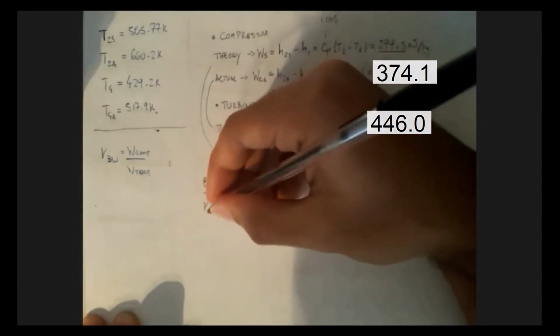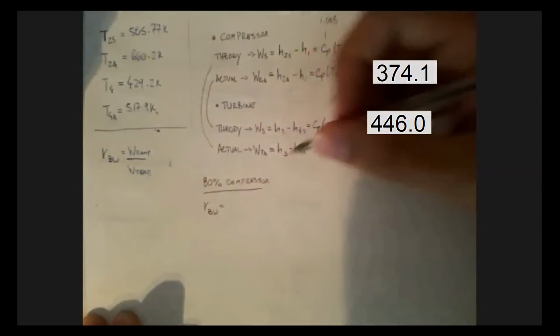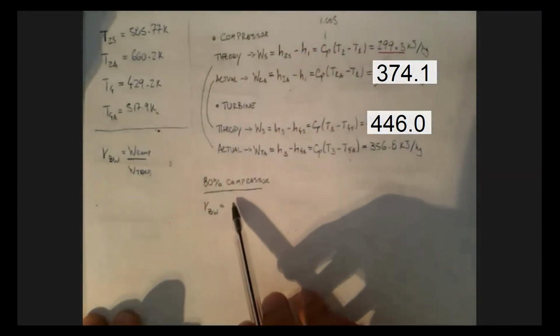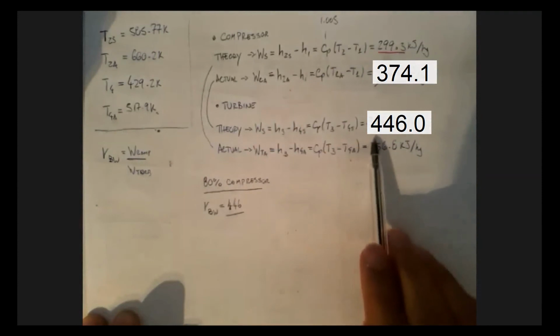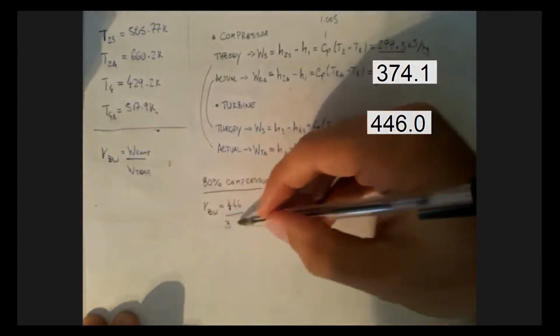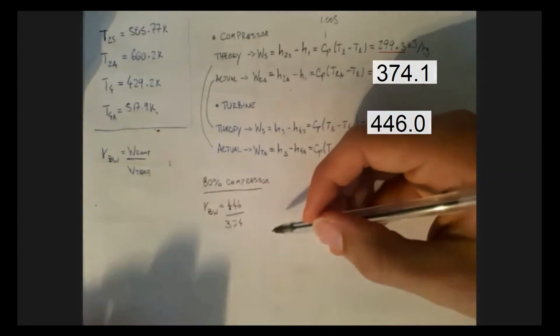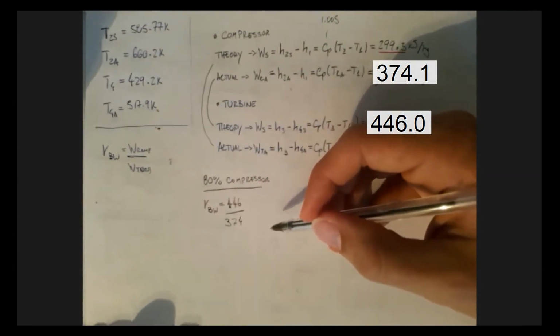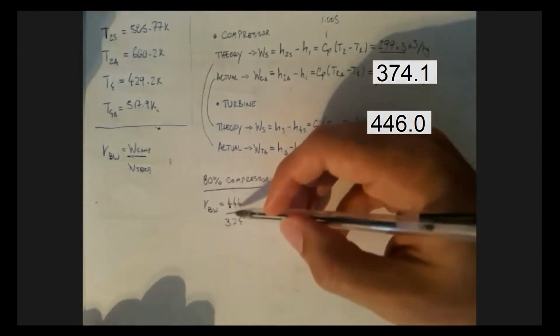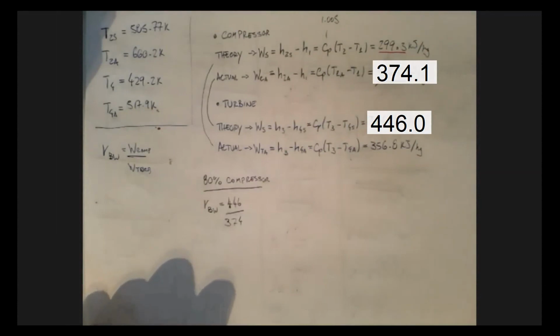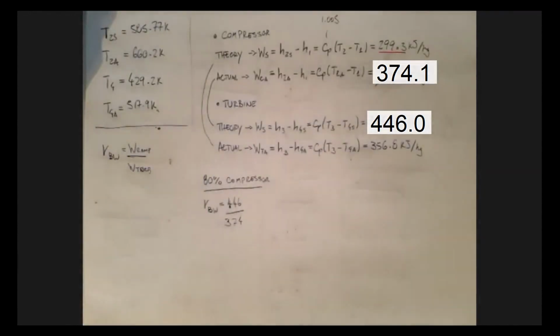My backwork ratio will be, what's the work of the compressor? The actual compressor, 446. What is the one from my turbine? 374. So right now I inverted it. It's the compressor over the turbine.